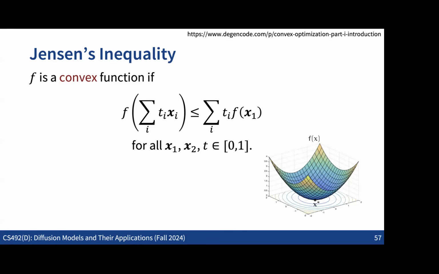Even for multi-dimensional functions, if we have multiple points in the domain, and you take any point in the convex hull of those points, basically taking some affine combination of the given set of data points, and you compare these two cases, first evaluating and then interpolating, versus interpolating first and then evaluating the function, if the function is convex, that means the first should always be the same or greater than the second. So this is the definition of the convex function.